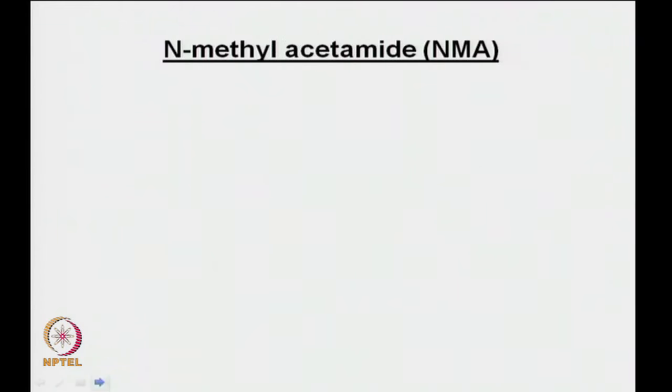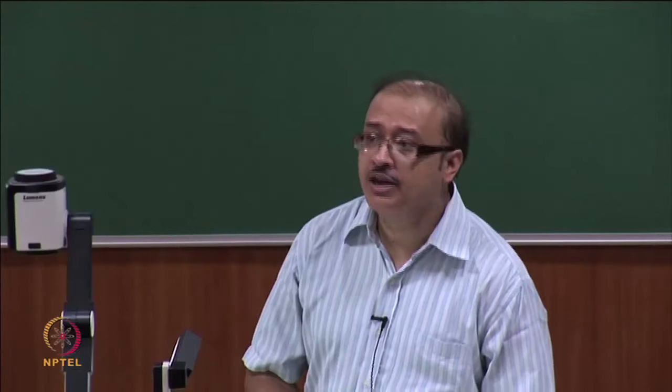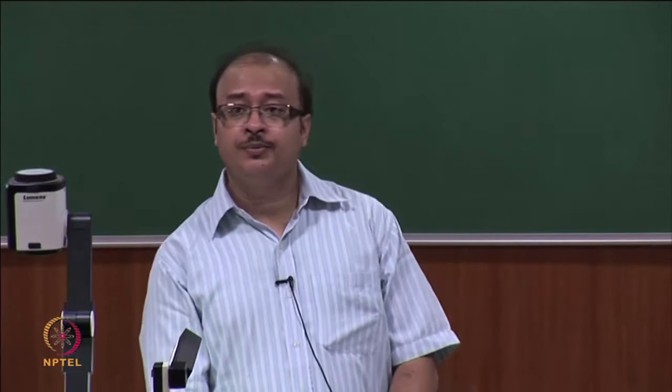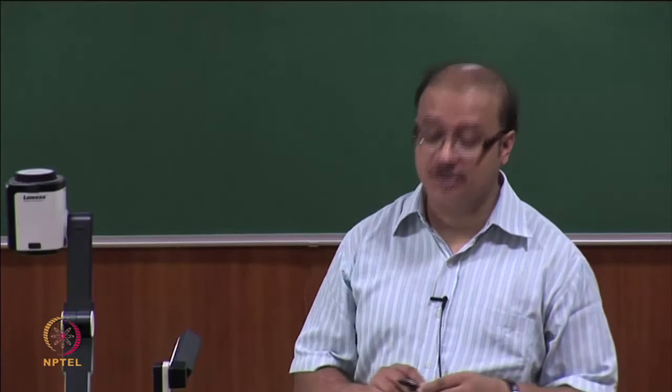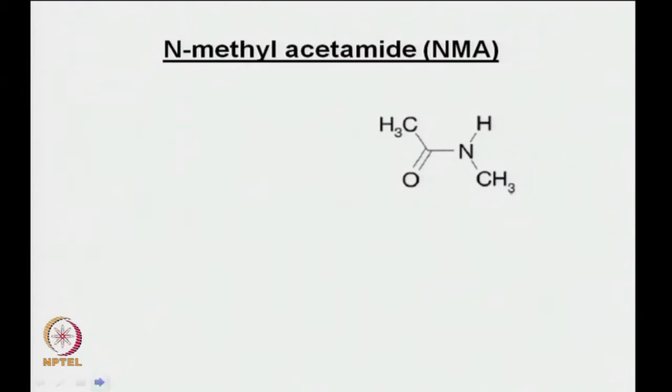Now, if you would like to model the vibrations, then you have to start from a very simple molecule, right. So, the simple molecule we start with is called N-methyl acetamide, and you will see why it is the one which is being used, because a peptide has many amino acids, right, but in this case you can see N-methyl acetamide is just one small unit, and if you are going to do calculations on this, then you will have very accurate calculations.